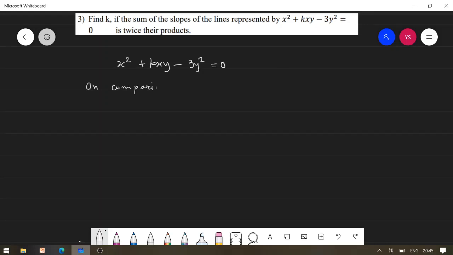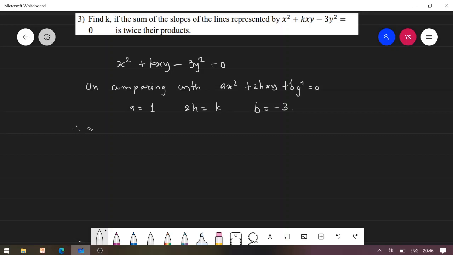So on comparing with ax square plus 2hxy plus by square equals to 0, we have a value as the coefficient of x square, a 1, twice h as the coefficient of xy, a k, while b value as the coefficient of y square, a minus 3.